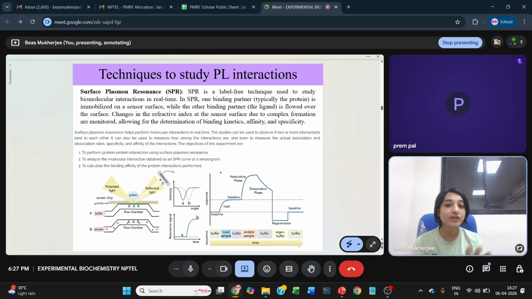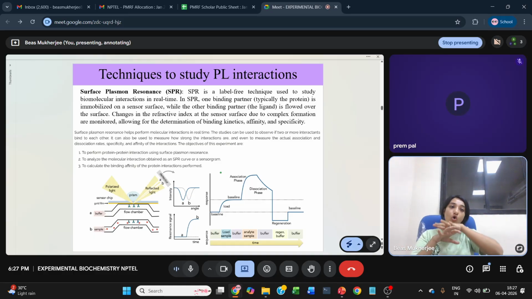If we look at the sensogram, we will see that initially there is a baseline and then you load. You get some response, and this is only because of the protein. Then you load the ligand. The refractive index changes, and that is why the response is different. You get an even higher peak, and that is called the association phase.